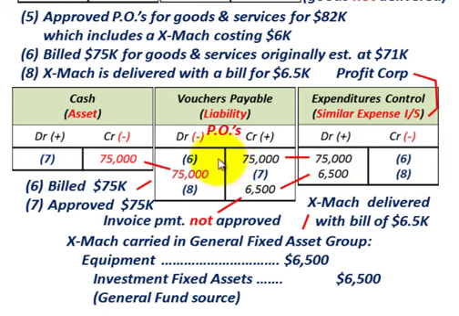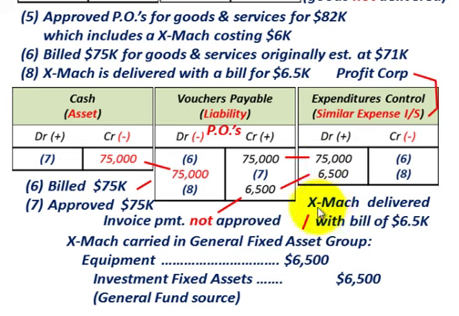But we're not reducing our vouchers payable because the invoice payment is not yet approved. It has to be approved before we can pay off this payable and reduce our cash. So it isn't approved yet, and therefore we're not recognizing a reduction in cash. But we did recognize it as an expense under our expenditures control.